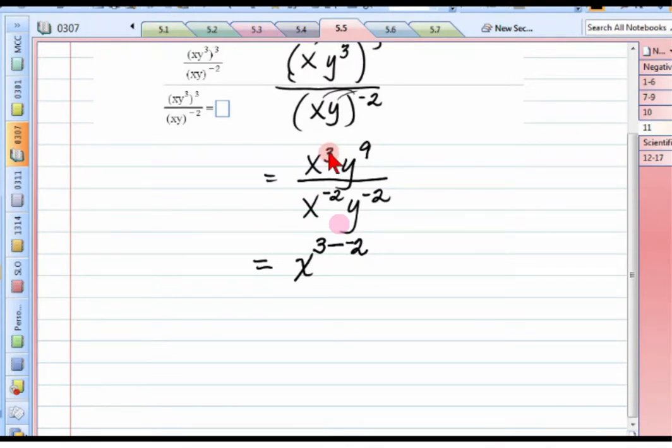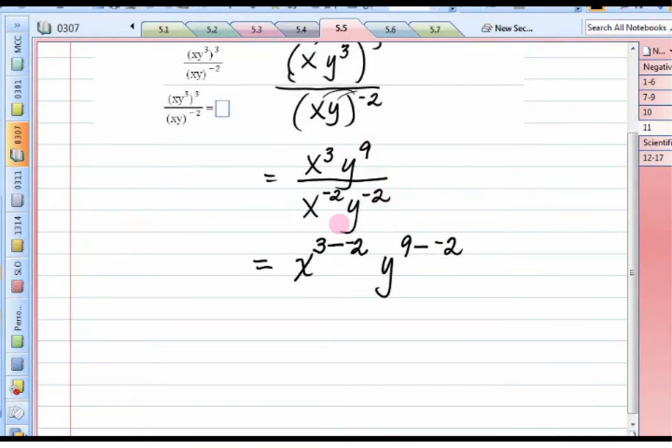For y, it is 9 minus negative 2, because the bottom exponent was a negative. What I see people do as a mistake is put 3 minus 2. That doesn't show that you wrote down subtraction. It's 3 minus negative 2, and 9 minus negative 2.